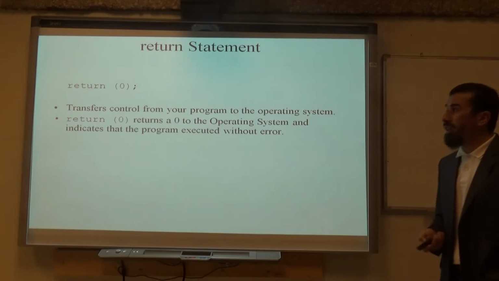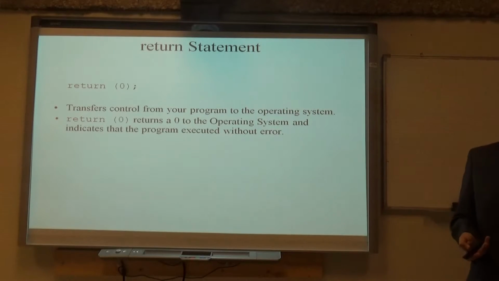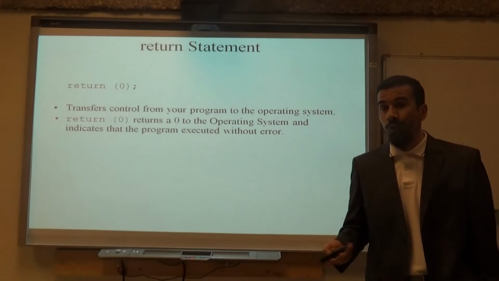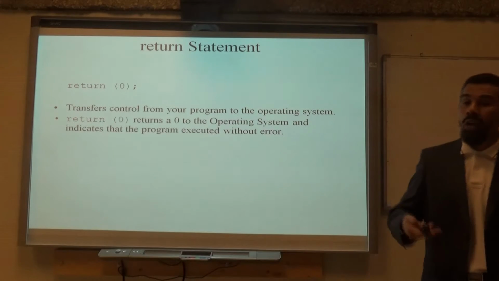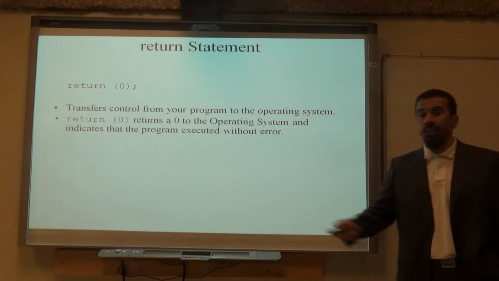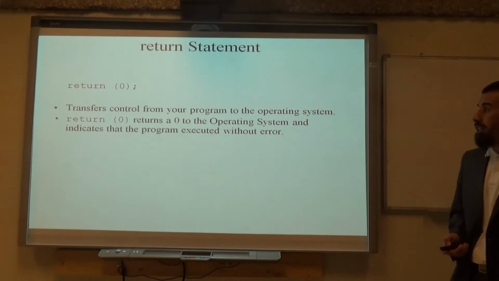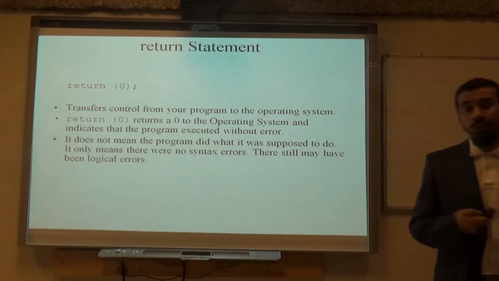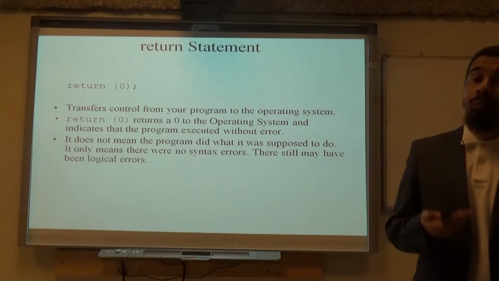So return 0 means what? You are returning a 0 value to the operating system. In system programming, that means the code has executed properly and nothing is wrong, and you are handshaking with the OS and telling it everything is fine, and the proof for that is that we are returning a 0.